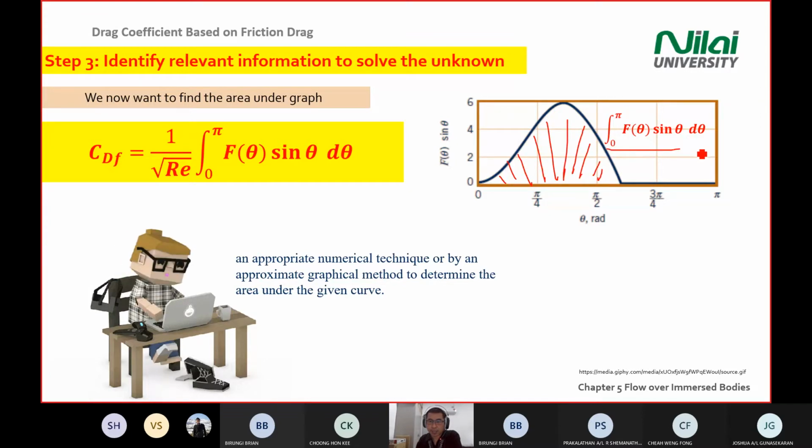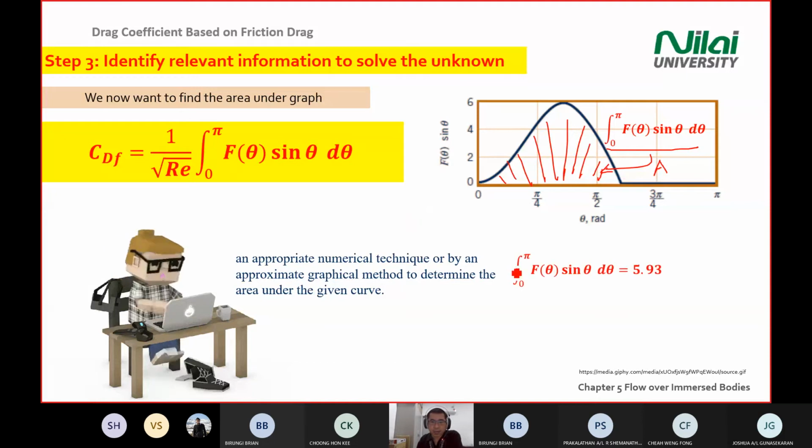To calculate the area under the graph, you can use software, the trapezium approach, or the one-third Simpson's method.